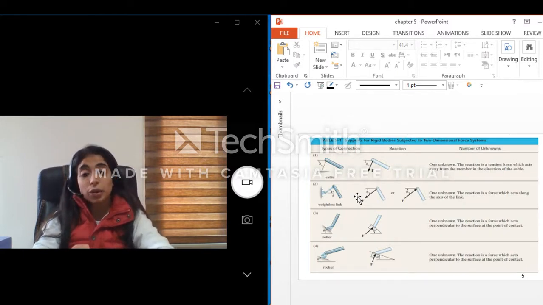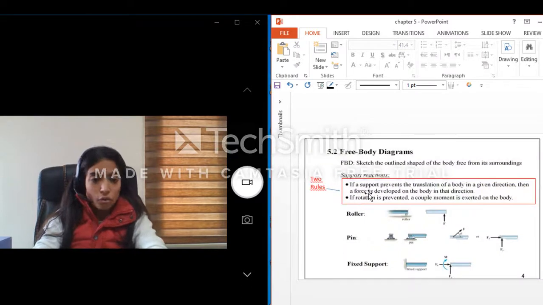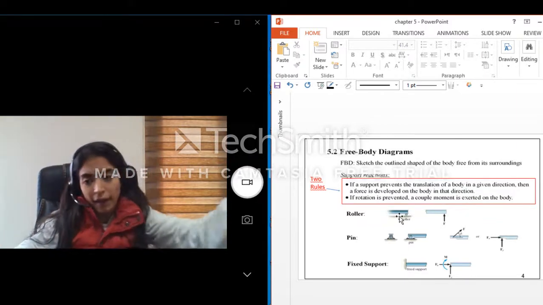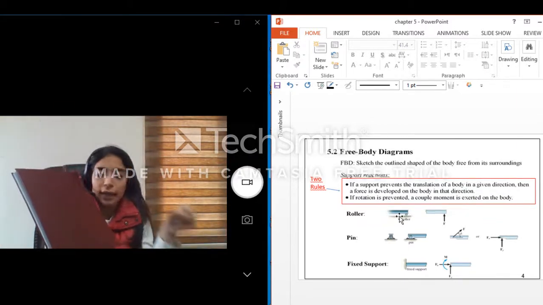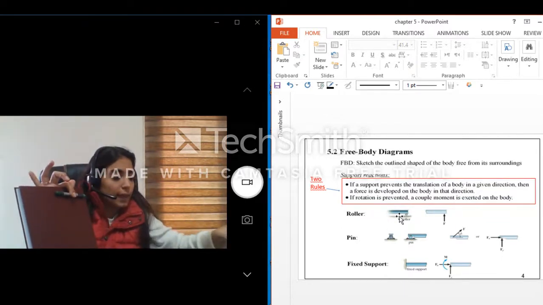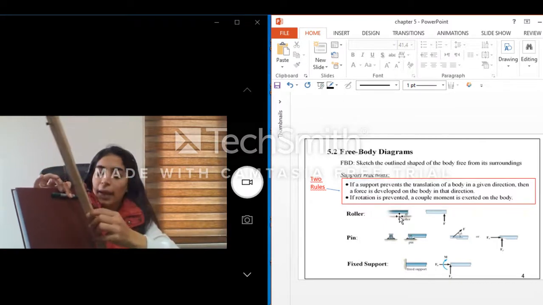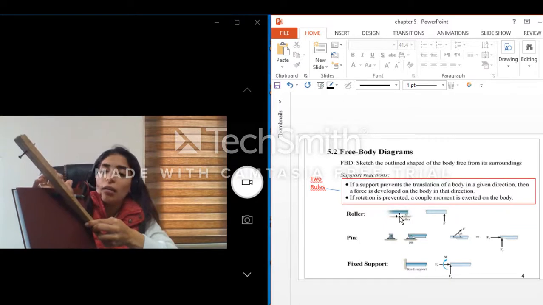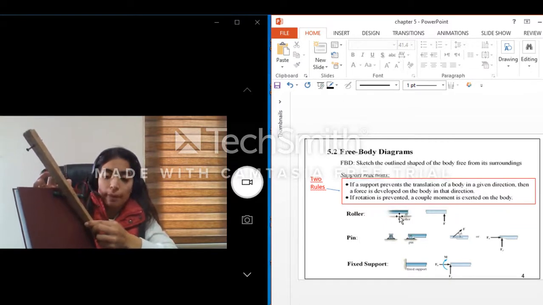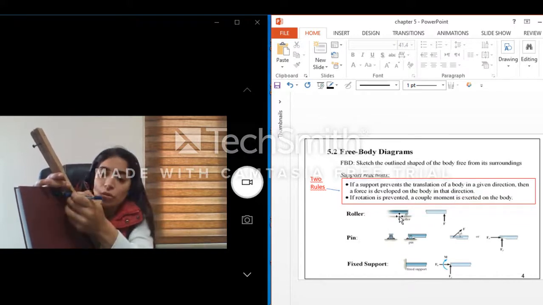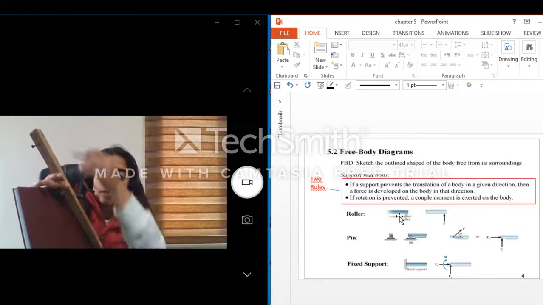Now what I want you guys to know is that if this roller here is oblique, which means if I have this case, for example this book, and this is my roller, and if I have a body that is making any angle with this roller, basically the reaction is always perpendicular to this roller, and it is not perpendicular to this body.